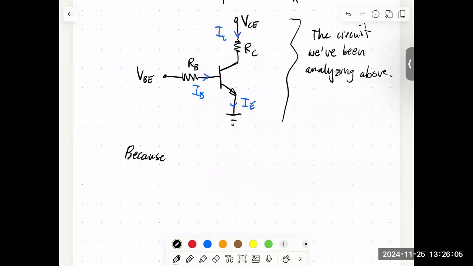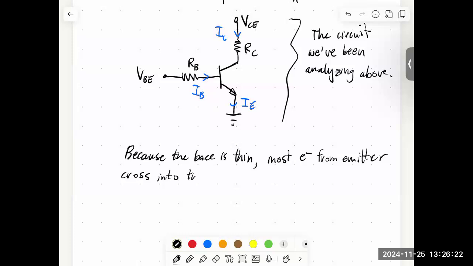Because the base is thin, most electrons from the emitter cross into the collector. If that's true, most of the electrons flow right through this transistor in the configuration that we've drawn it.